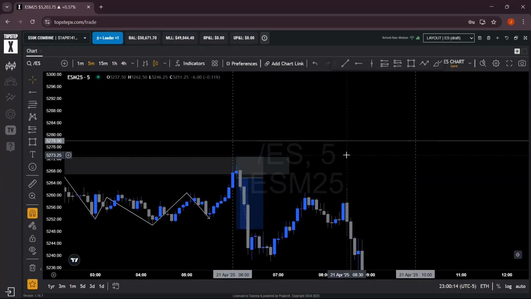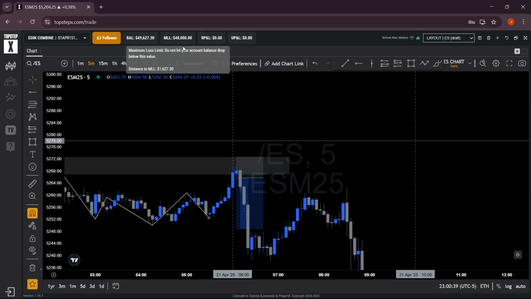On my first combine right here, I'm back in the positive, but on my second combine, I didn't start them at the same time, so I'm still a little down on my follower account. I need about 400 to get back to break even basically. But I didn't have any profit on this account, so my maximum loss limit is still 48,000.